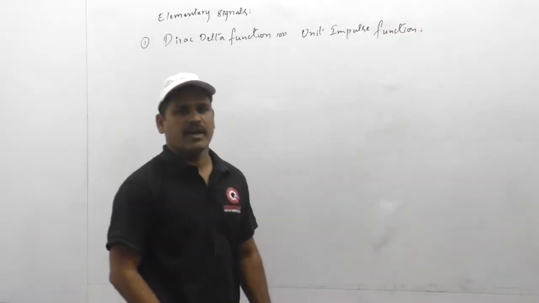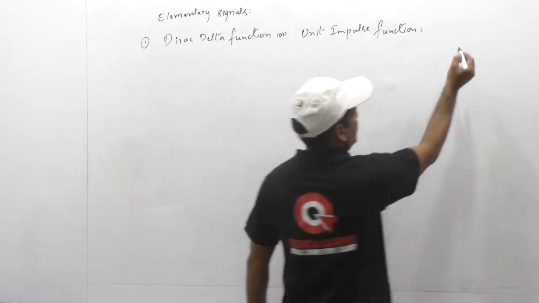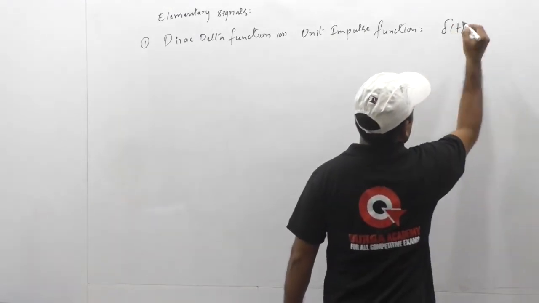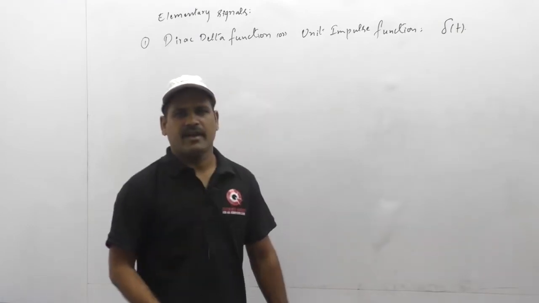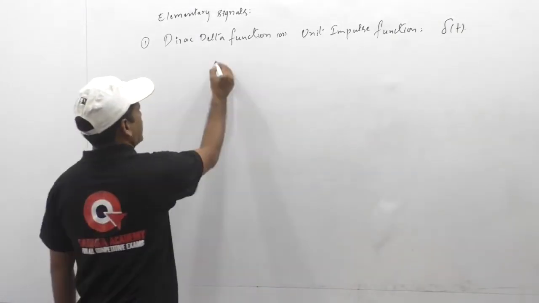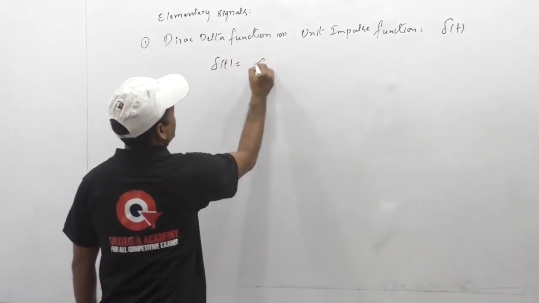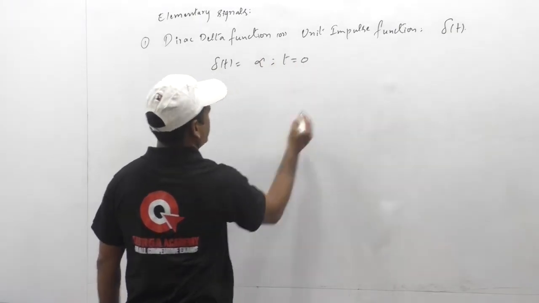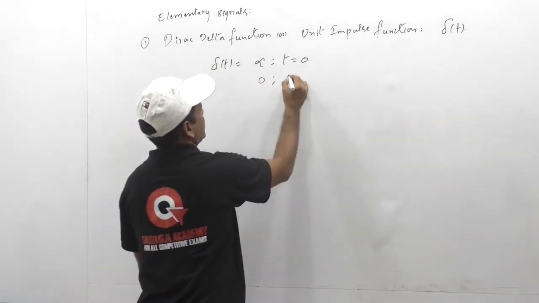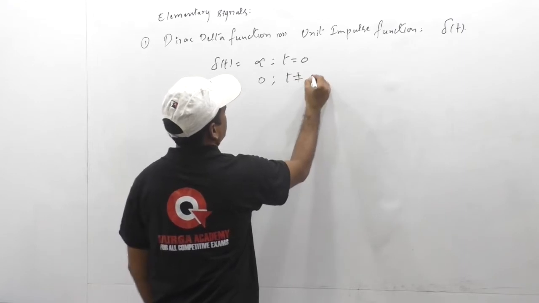This function we represent with the symbol del of t, and it is defined as: del of t is equal to infinity at t is equal to 0, and it is equal to 0 if t is not equal to 0.